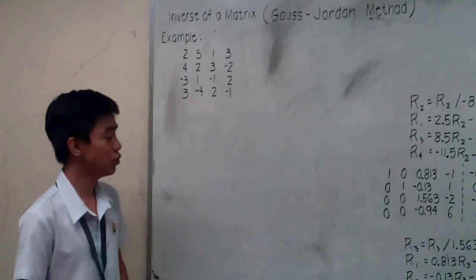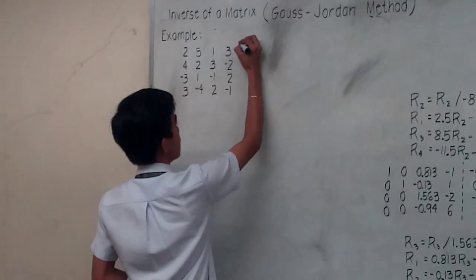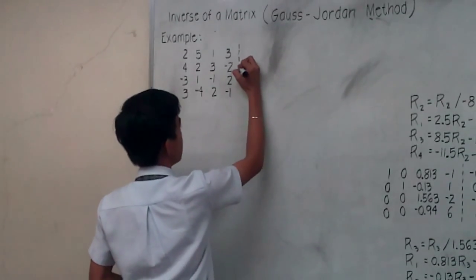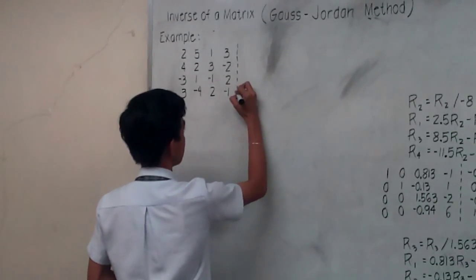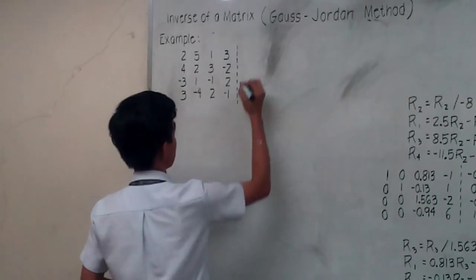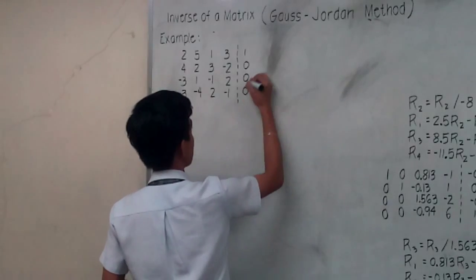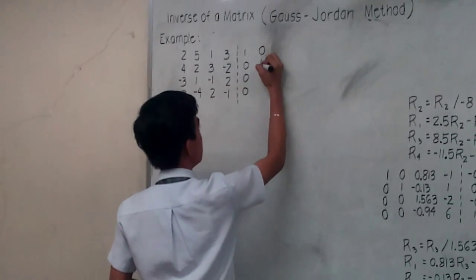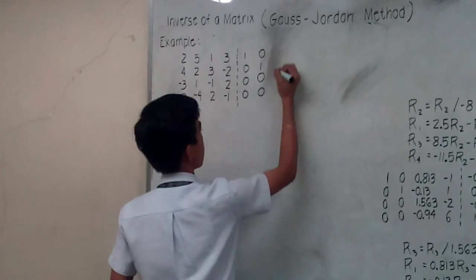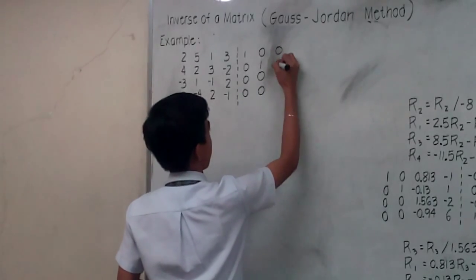The first thing that we have to do is to write down an identity matrix whose size is equivalent to our input matrix. So in this case, we have a 4 by 4 matrix. Thus, we will have to write down a 4 by 4 identity matrix.